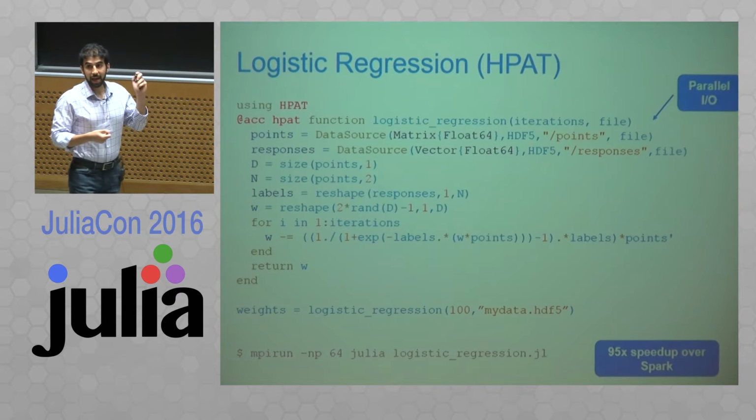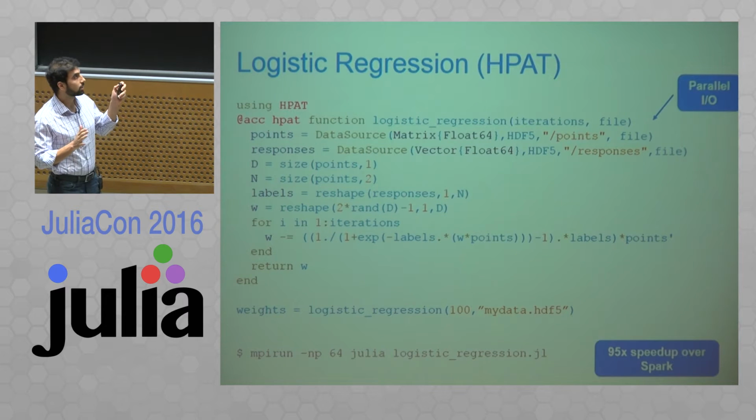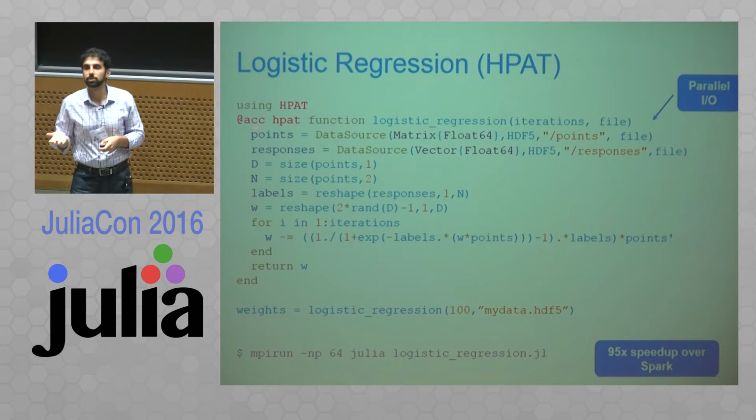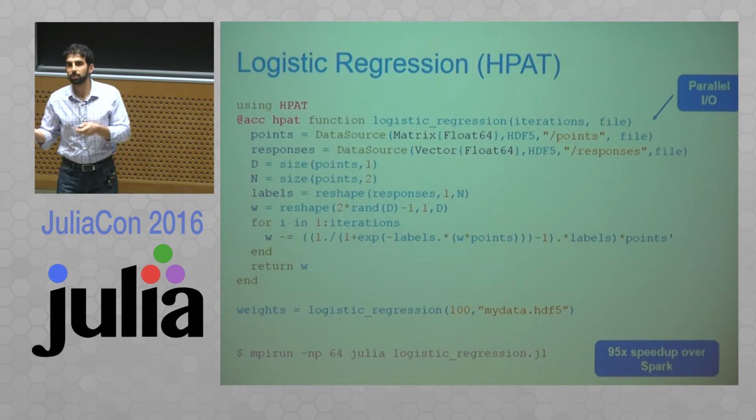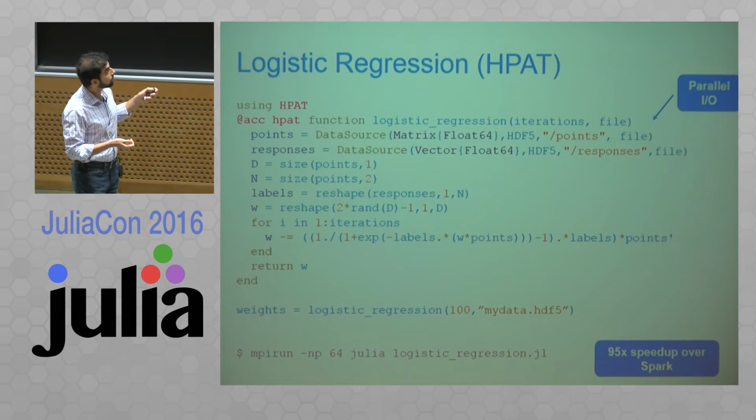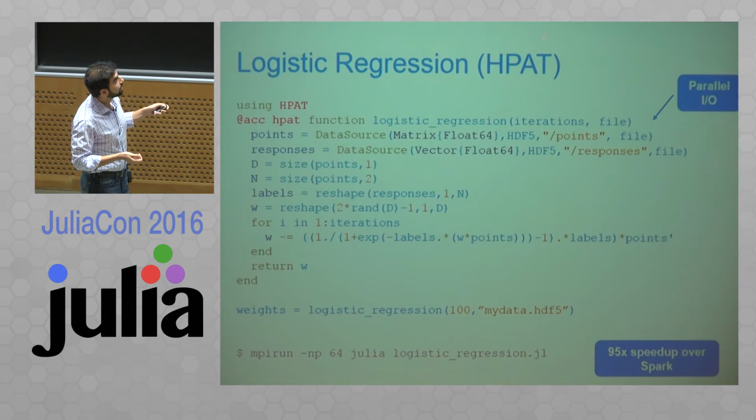So look, going back to our code, the same formula, we have to do just a few things to get it running on a large-scale system with HPAT. Just this annotation, @acc hpat. @acc comes from the CompilerTools package, which is used by ParallelAccelerator 2. We also need to get the data from somewhere.